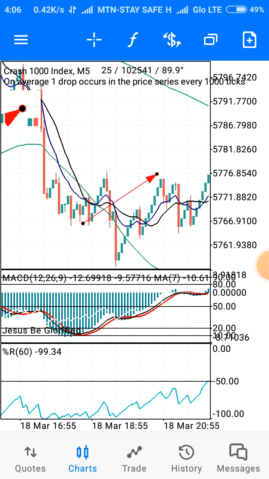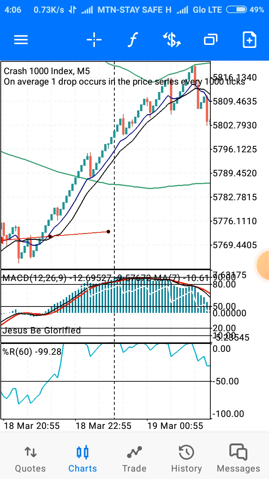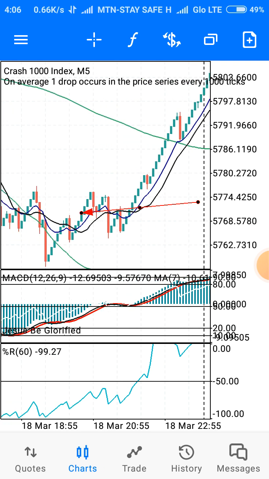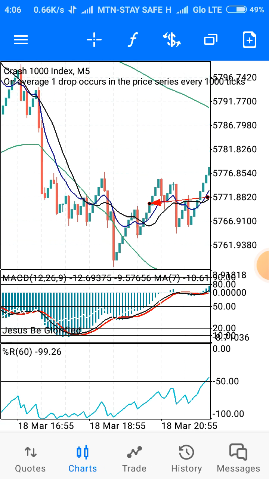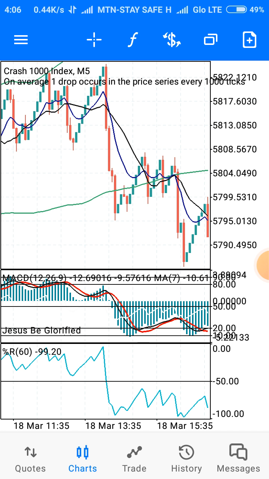It really works. I've back tested it and it works, and that's what we are doing now. You see from this part, and then you see it making a wave to the upside. So the setting for the Bollinger Band is in our previous video. If you don't have the setting, please do well to check out our previous video.